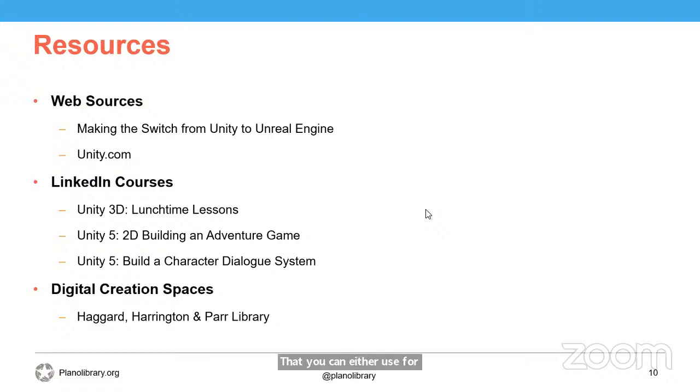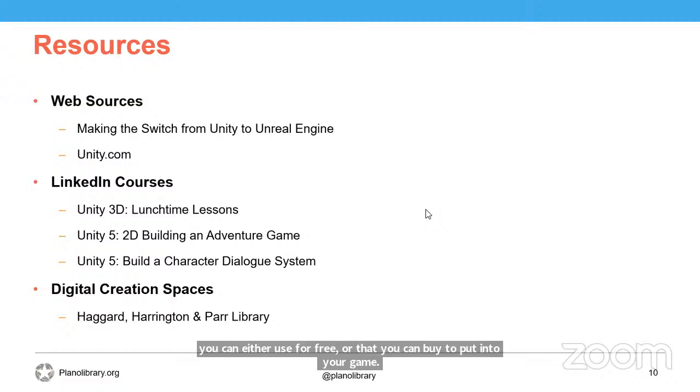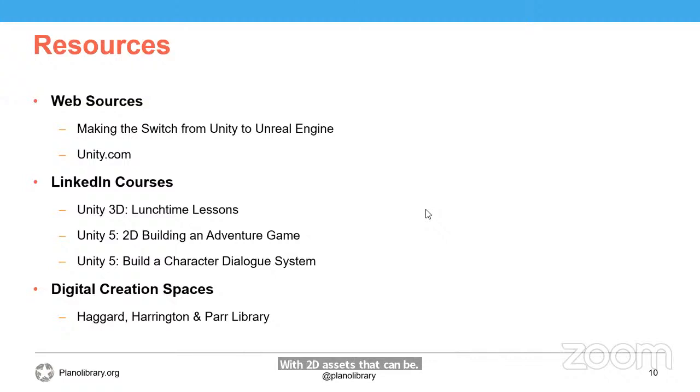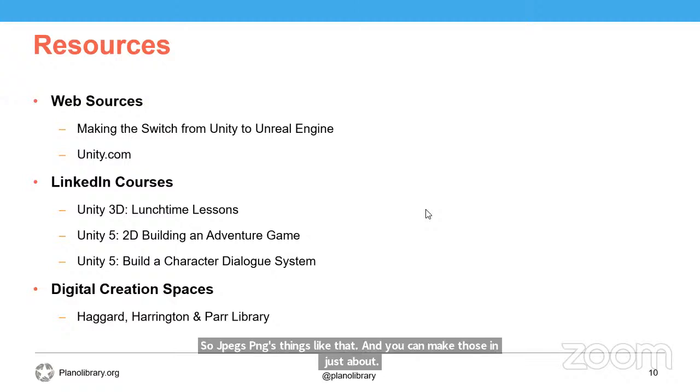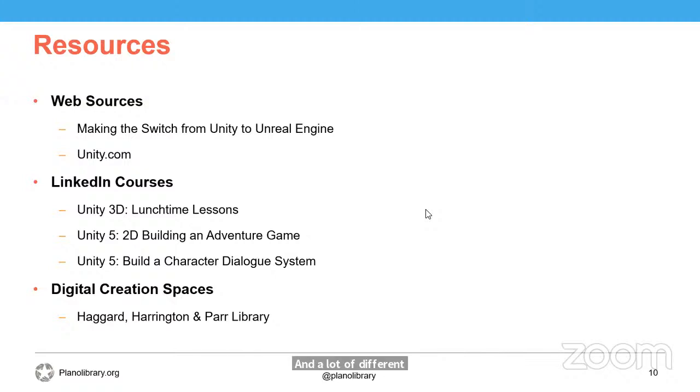With 2D assets, you can have a lot of different file types, so JPEGs, PNGs, things like that. And you can make those in a lot of different visual editing softwares: Photoshop, GIMP, Clip Studio Paint, even Microsoft Paint if you wanted to.